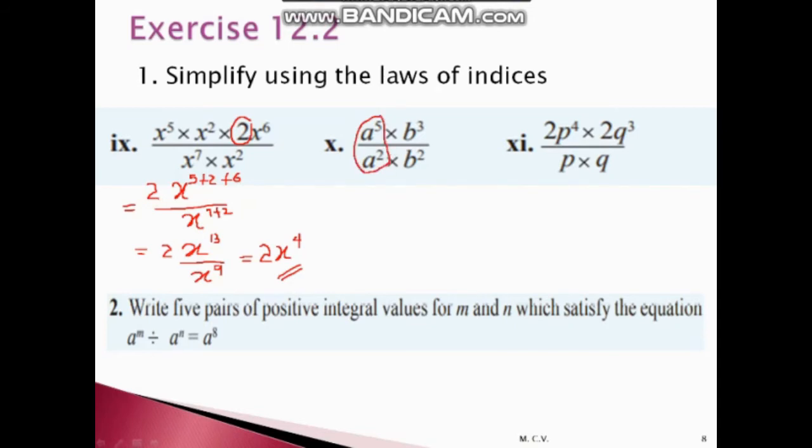The other equal base is b to the power 3 divided by b to the power 2. a to the power 5 minus 2, because that is a division. In the division, we can subtract the indices. b to the power 3 minus 2.